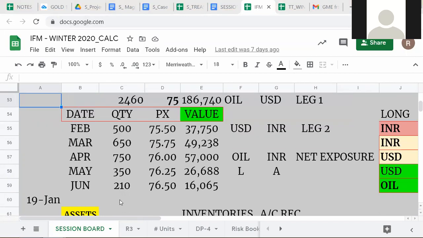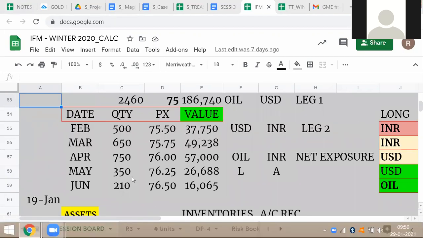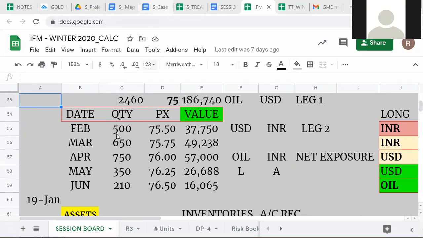So if we go here and try to get CME futures. The point is that when you're dealing with a problem like this, you're usually looking at oil exposure for any kind of client, like in this case, you're managing India's oil exposure.